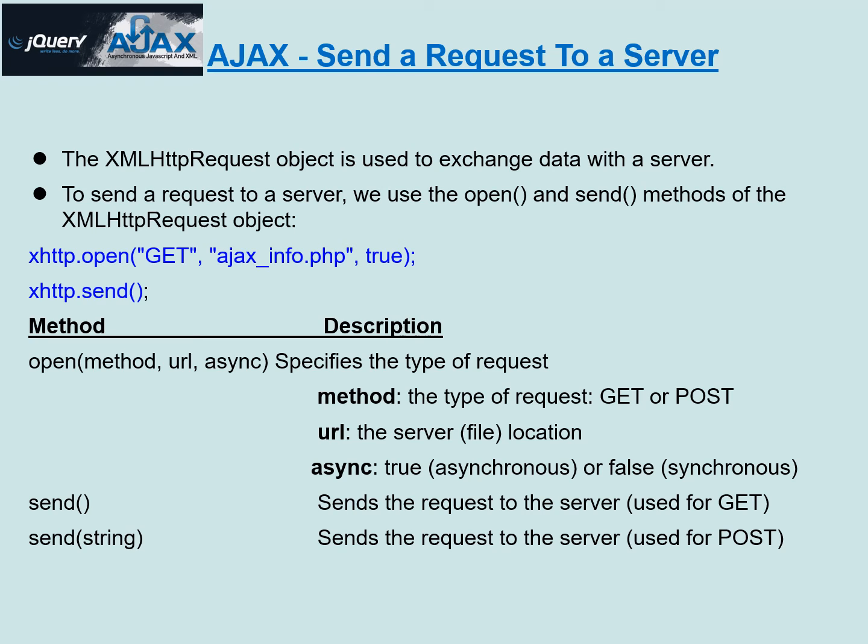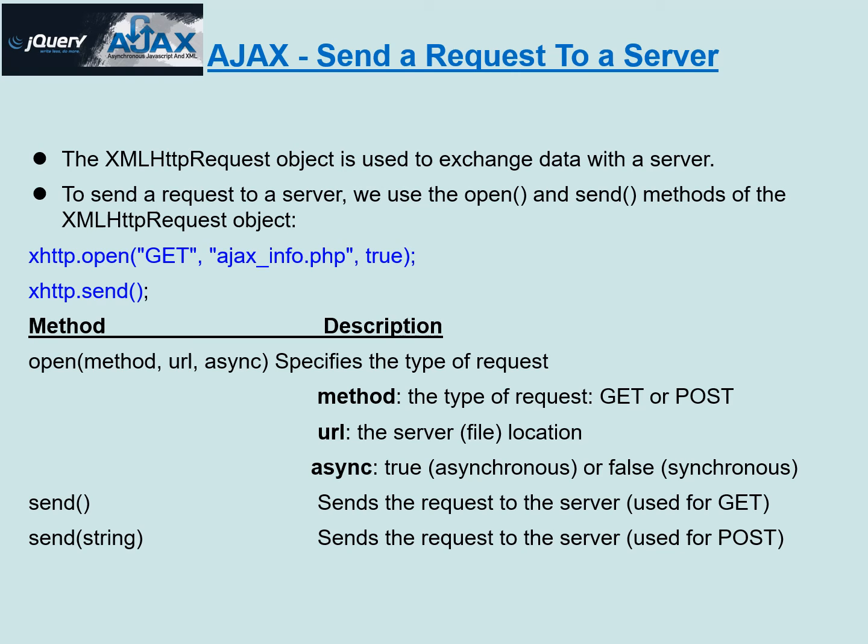So in order to establish a connection from client to the corresponding server, first of all we have to open that XHTTP request channel, and it can be done using the open function, and using the send function we can send the data from client to the corresponding server.